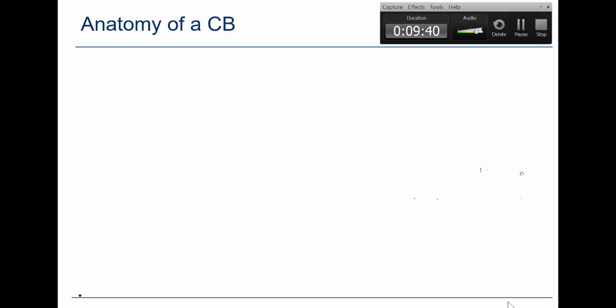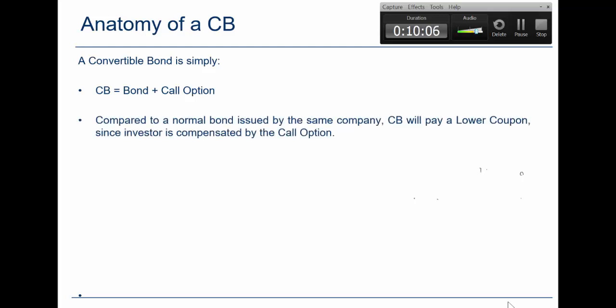If you try to dissect it, a convertible bond is simply you buy a bond and the bond comes with a call option, okay? So when you are buying a CB, you are buying two things, a bond and a call on the company's stock. And for that reason, a CB will pay a lower coupon, just the normal CB as we know it, okay? Because you are already getting something else.